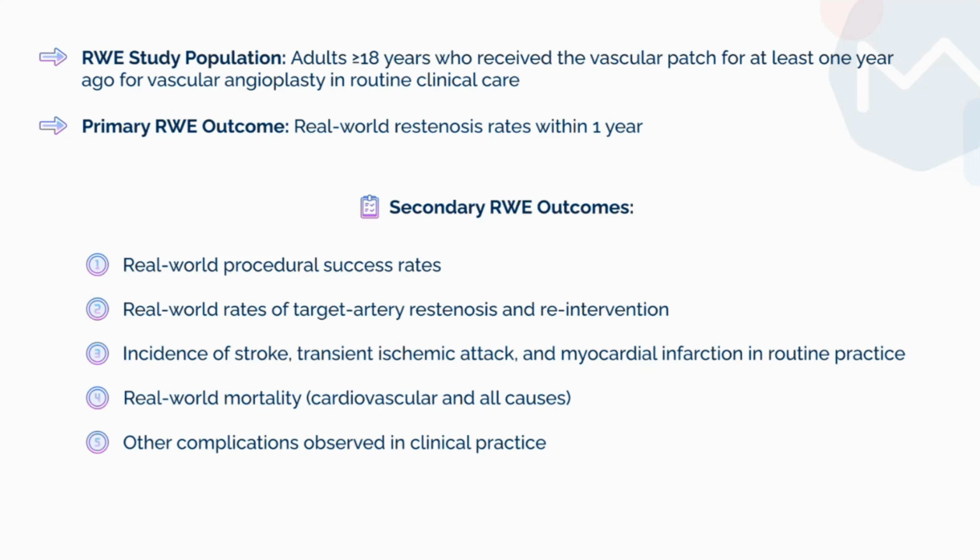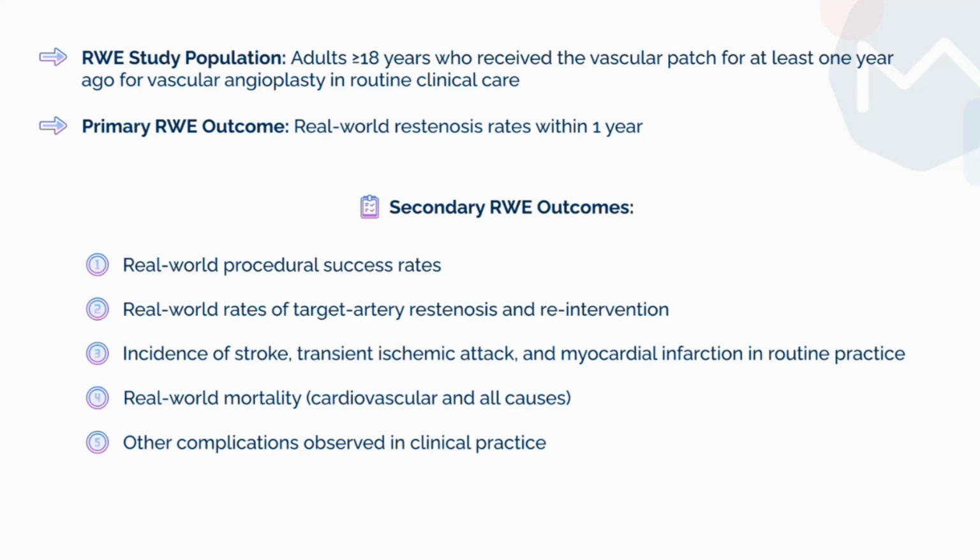Then the secondary real-world evidence outcomes were the procedural success rates, the real-world rates of target artery restenosis and reintervention, then of course the incidence of stroke, transient ischemic attack, and myocardial infarction in routine practice, and real-world mortality, specifically related to cardiovascular incidences and also all-cause, and then any other pathophysiological complication observed in clinical practice.